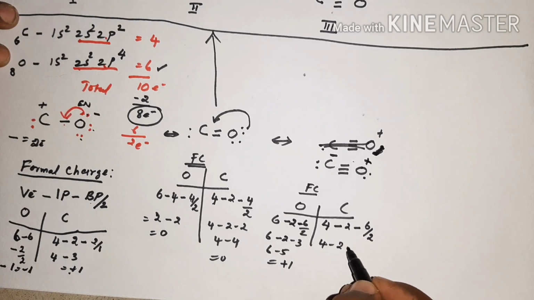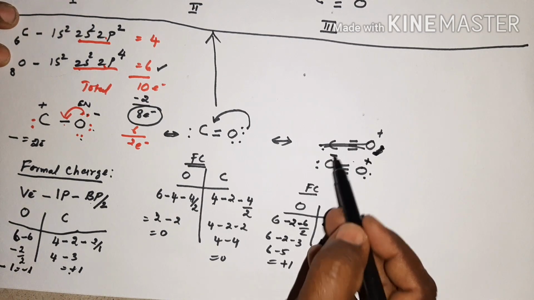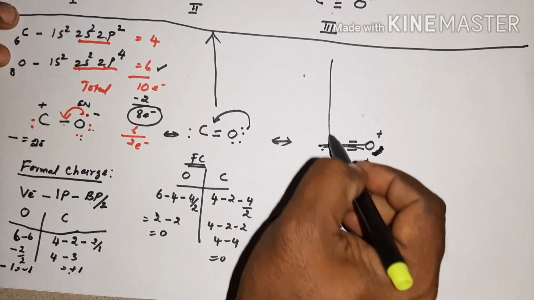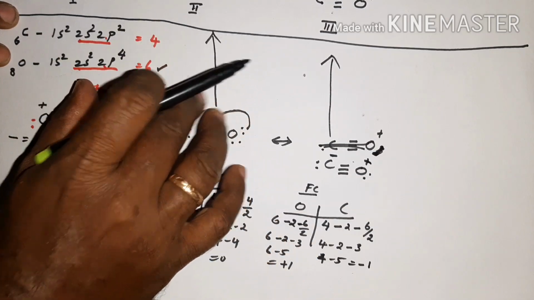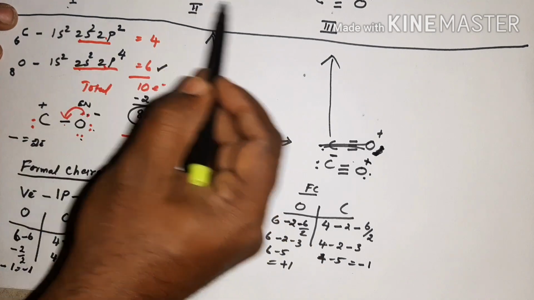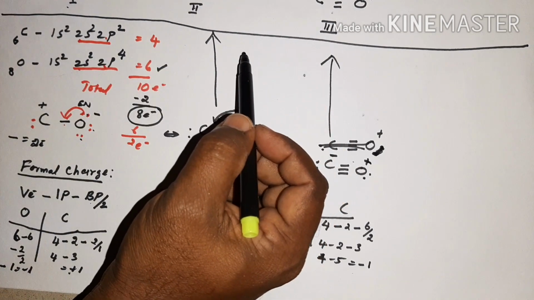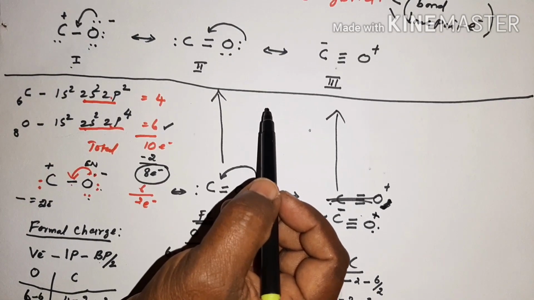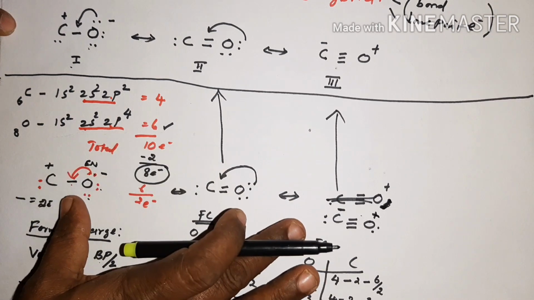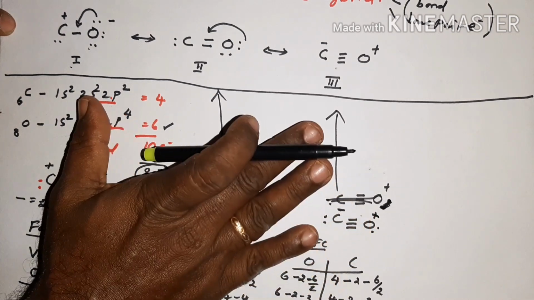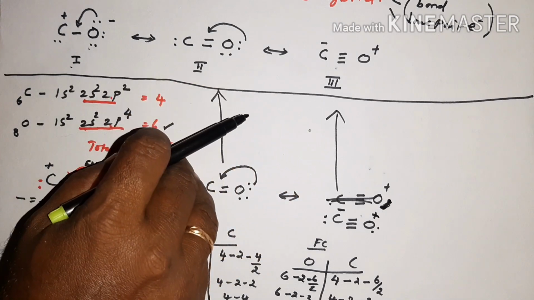So 4 minus 2 minus 3, that is 4 minus 5, and we get minus 1. So this carbon contains a minus charge. So this is structure 3, and that's all about the structure of carbon monoxide. For the examination, you only write about these 3 structures. That is enough; this explanation you need not write. I explained it just for your understanding. Hope you understood the structure of carbon monoxide.